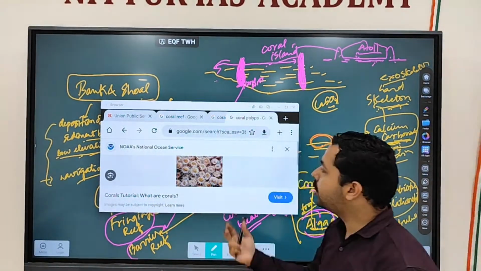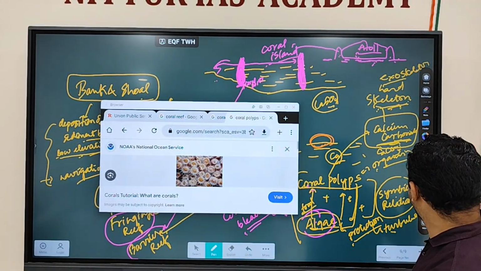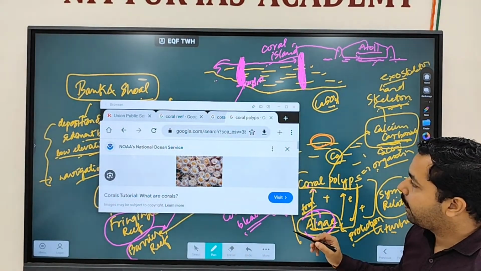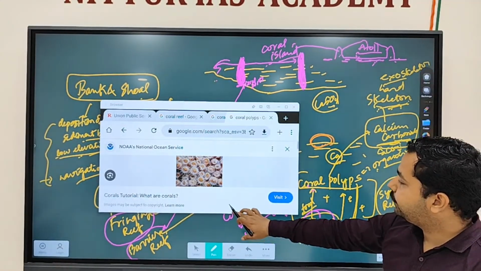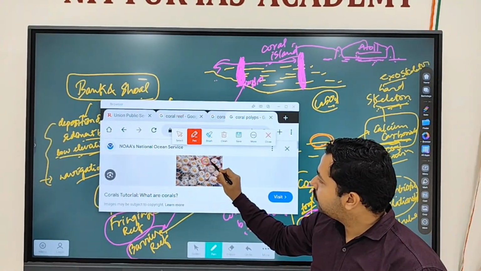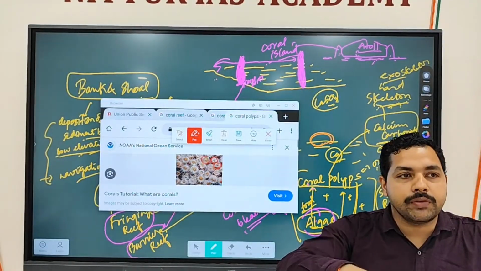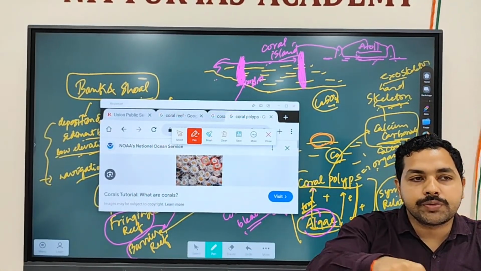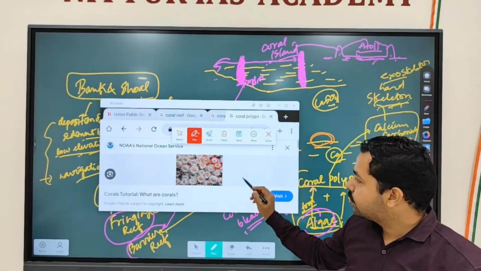This is how the coral polyps look. So you can see they are having a lot of what? A lot of skeleton that is coming out, on which algae are attached. Clear?